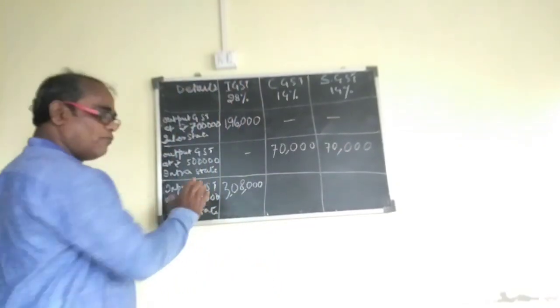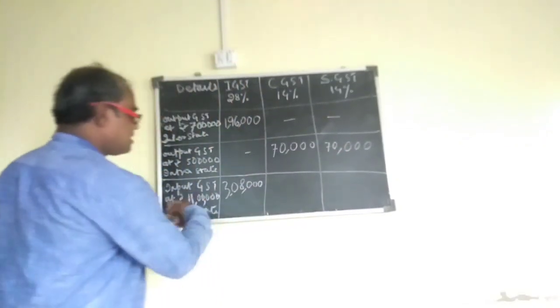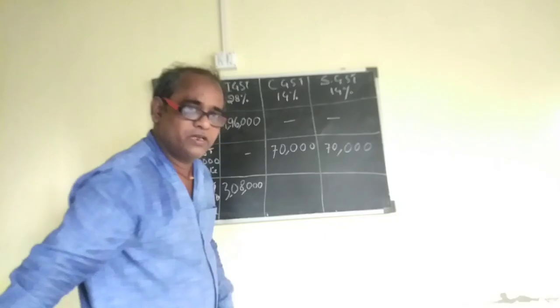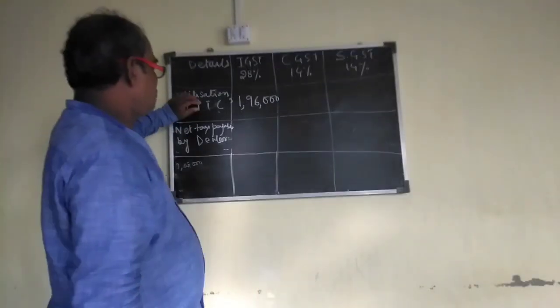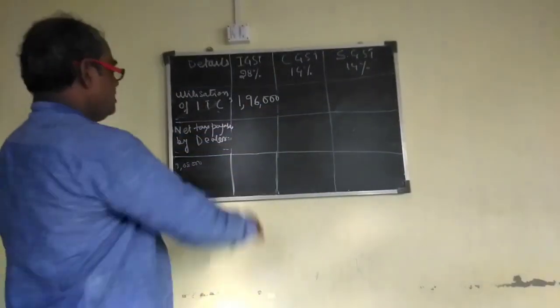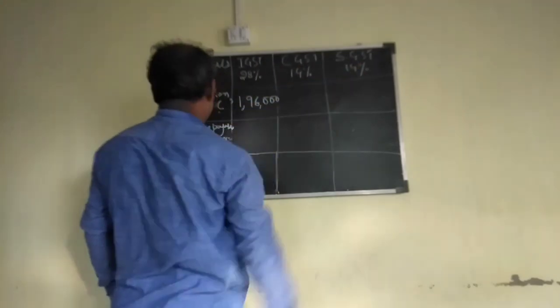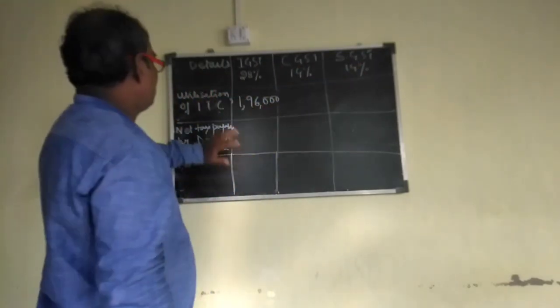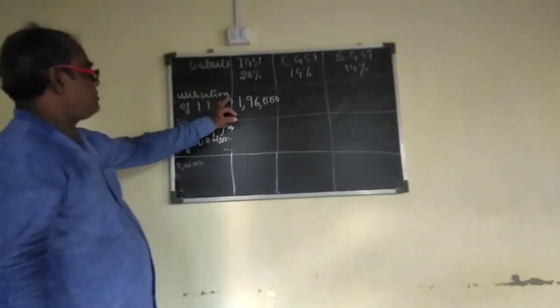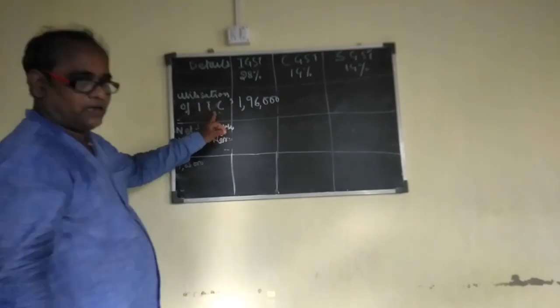Now we will have another calculation. Let us make 2 more rows over here. The chart will be the same. The next one will be utilization of ITC. Clear?